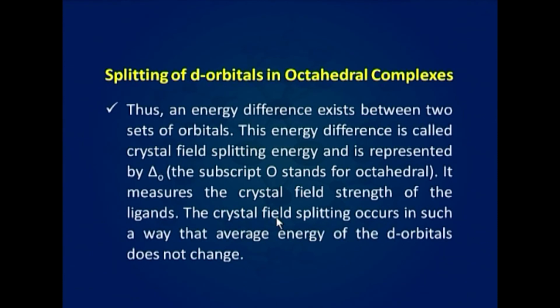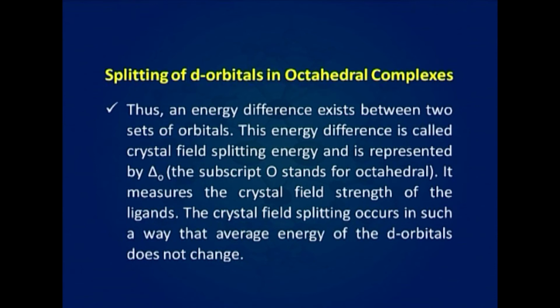An energy difference exists between two sets of orbitals. This energy difference is called crystal field splitting energy and is represented by delta O. The subscript O stands for octahedral. It measures the crystal field strength of the ligands.